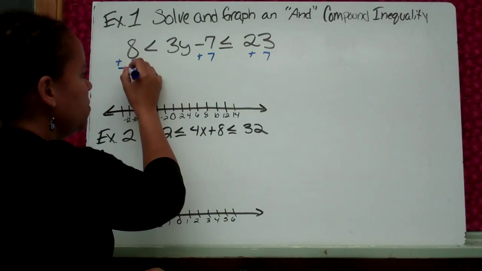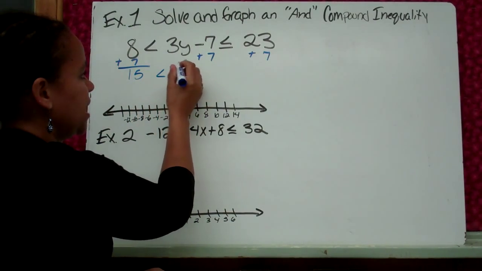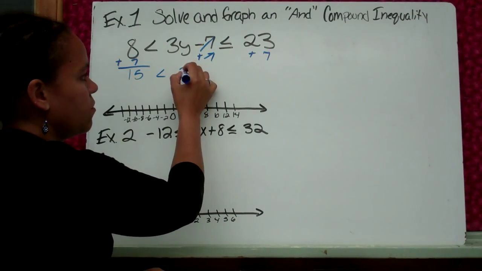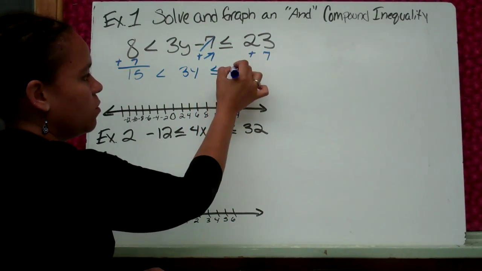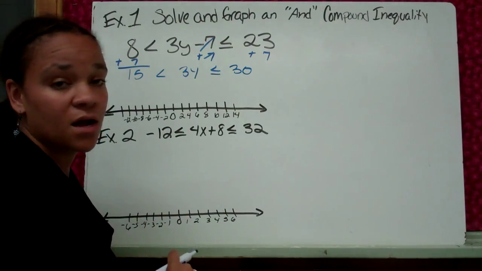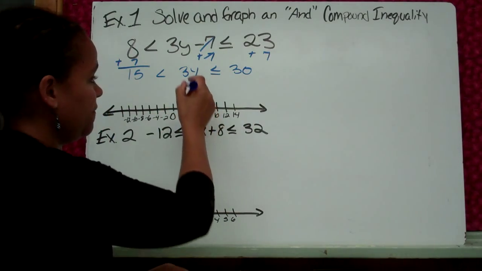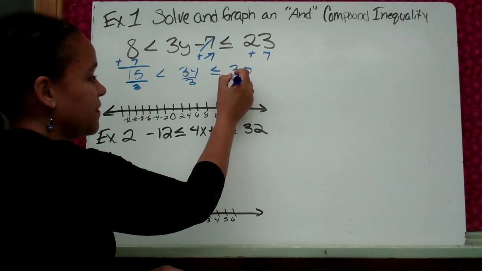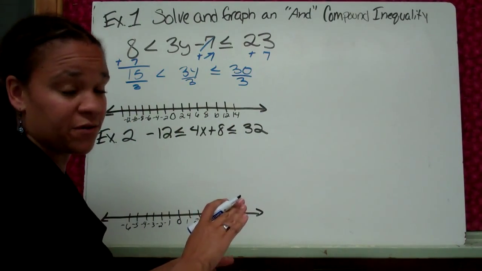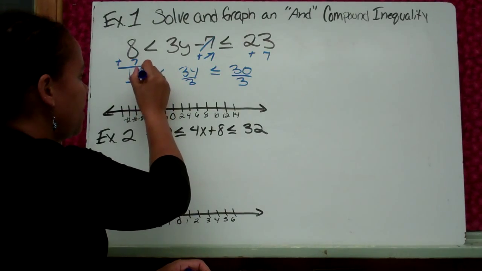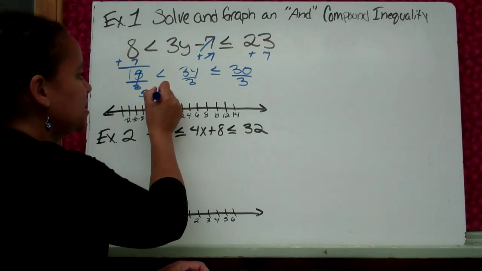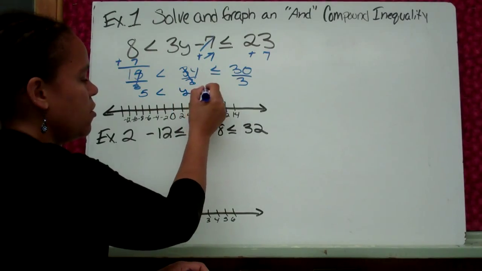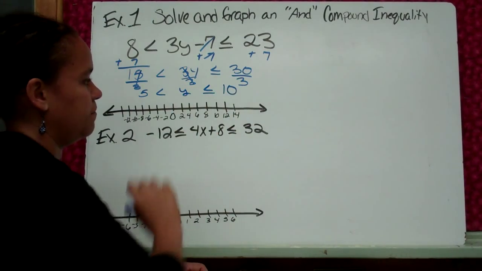Once you do that, you have 15 less than, these cancel out, 3y, which is less than or equal to 30. Last step, I need to get y by itself, so divide by 3, divide by 3, divide by 3. You have to do everything. Here, we're going to be left with 5 is less than y, which is less than or equal to 10.